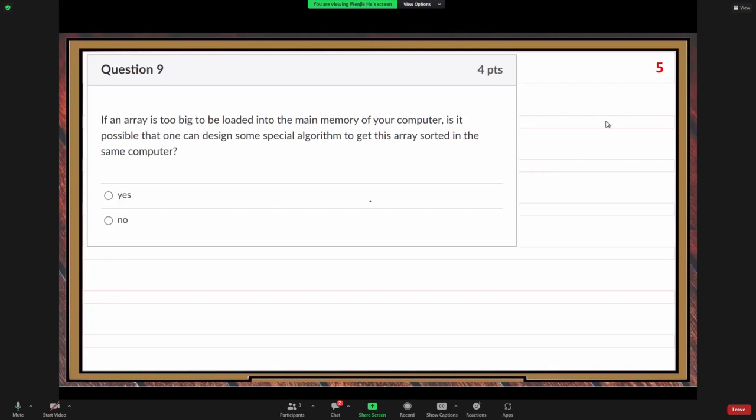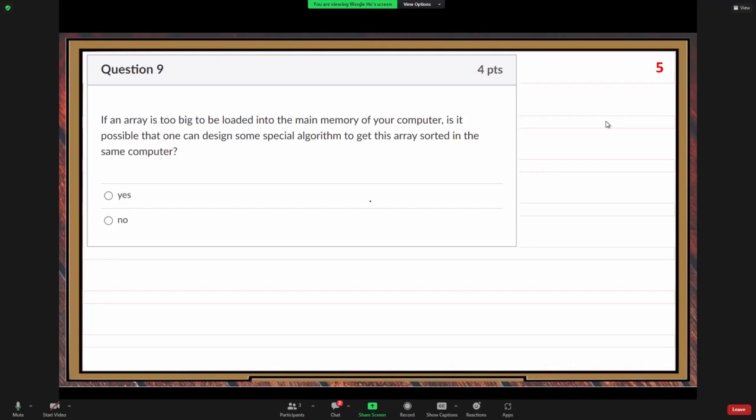But the whole array is not sorted yet. So that's the first round of processing. Then we do the merge operation. Merge two adjacent subarrays, every time two adjacent subarrays. But when the subarrays grow larger and larger, sooner or later you may not be able to load the whole subarray into the main memory.